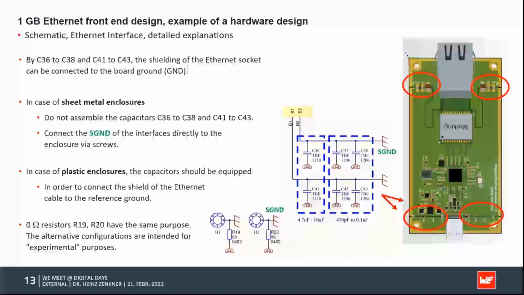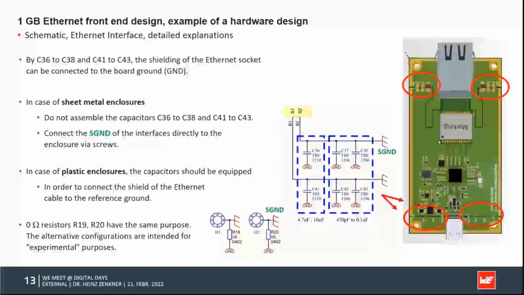Then we have something which is called grounding capacitors, which connect the PCB ground together with the shield ground, and they can be assembled alternatively. The reason is we have done different investigations and setups in our EMC lab, to see whether it is good to connect them or not, whether it is good to have a direct connection to a whole surface, not having the digital ground separated from the shield ground and connected together.